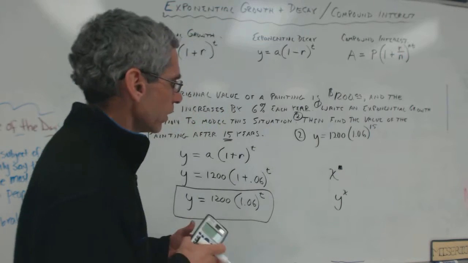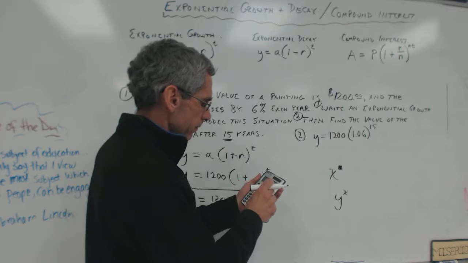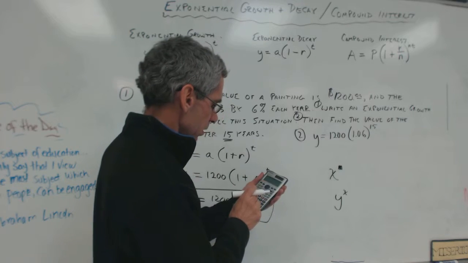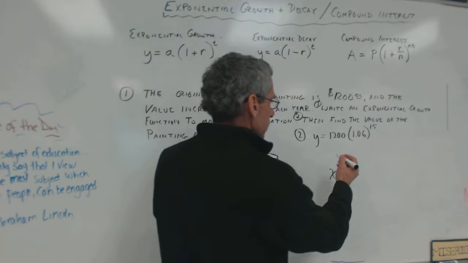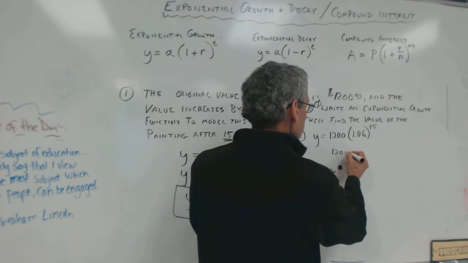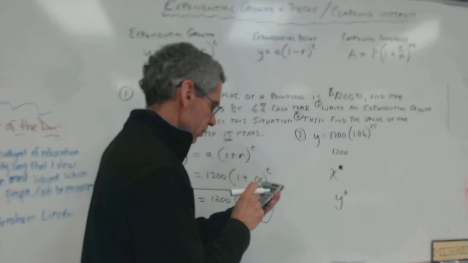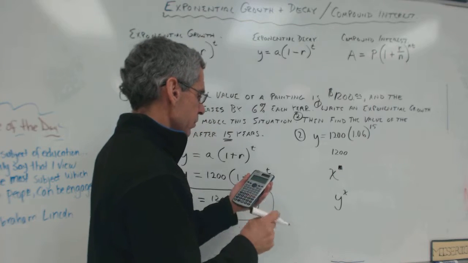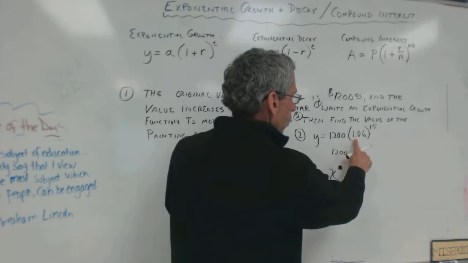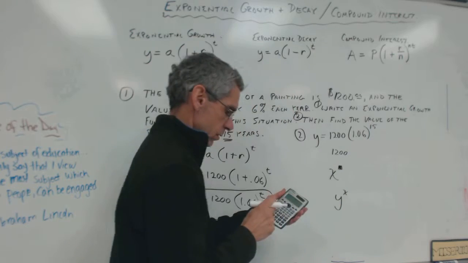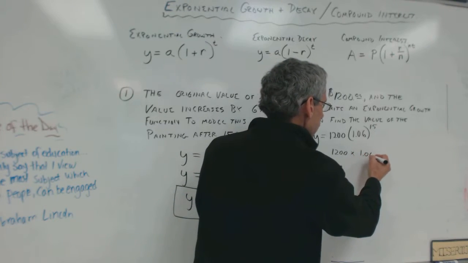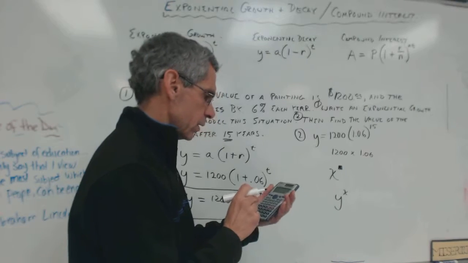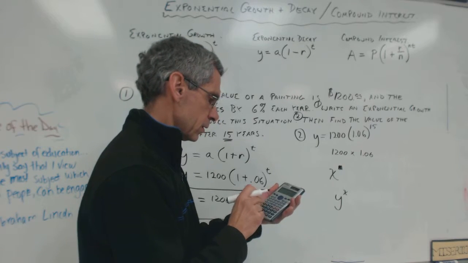But basically what you do is you turn this on, you type 1,200, and then I'm hitting times, and then I'm going to hit 1.06.